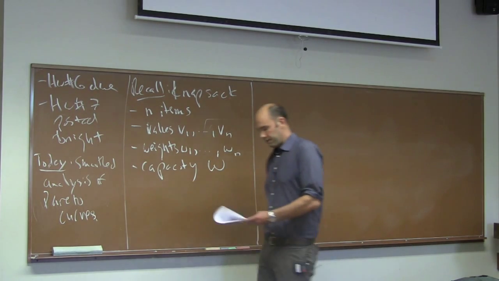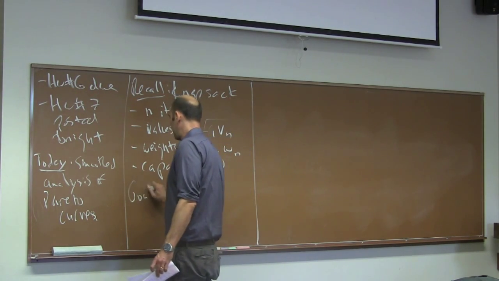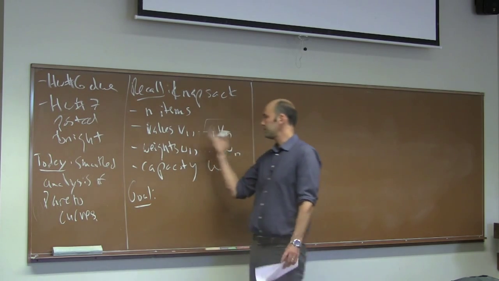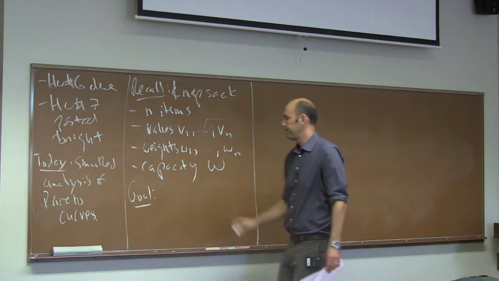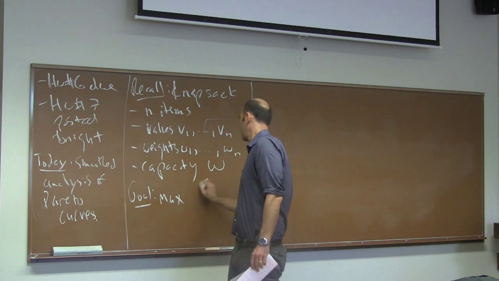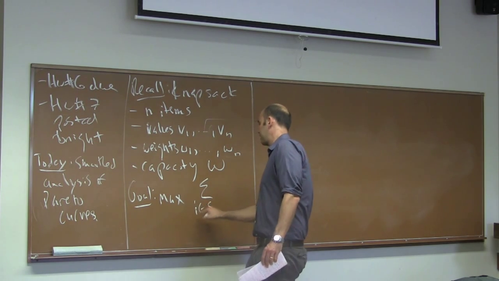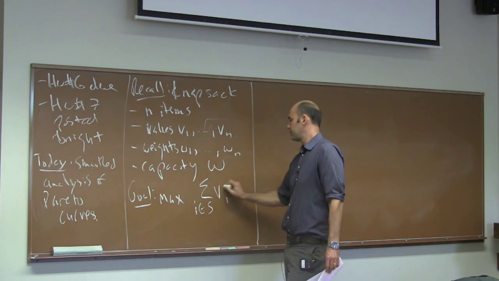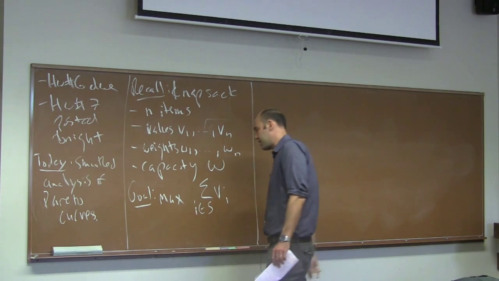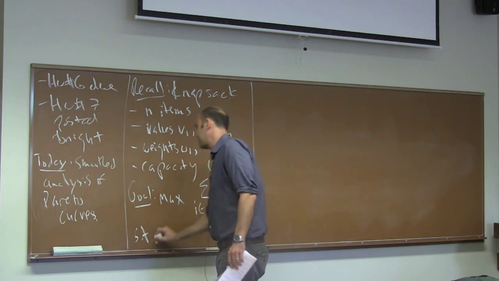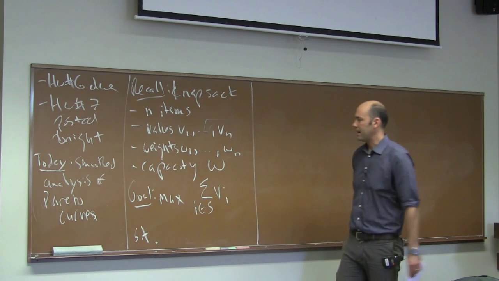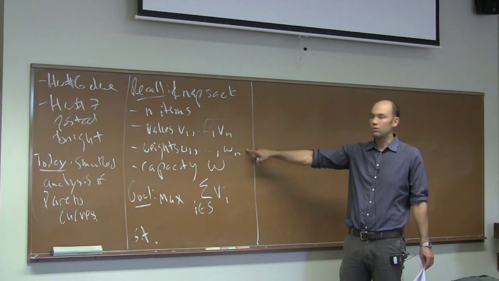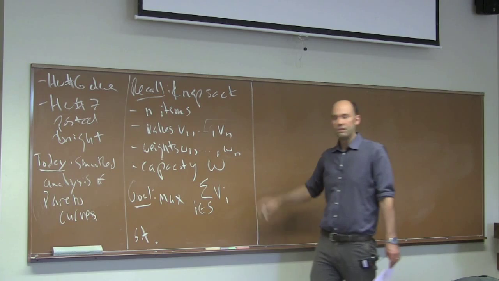And the goal is simple enough. You want to take as many items as possible, so you want to maximize the value. So you're going to pick a subset S of the items. You want the total value to be as high as possible. The constraint is that the items should fit in your knapsack. That is, the sum of the weights in the set that you choose should be at most capital W, the knapsack capacity.